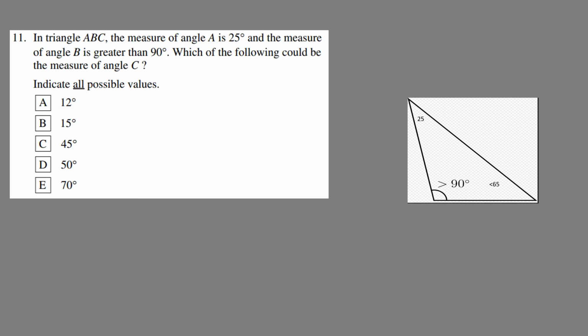If one is greater than 90 and the other one is 25, the third one will be 180 minus the sum of 25 and a value greater than 90. So definitely the value will be less than 65. So the choices are A, B, C and D, less than 65.